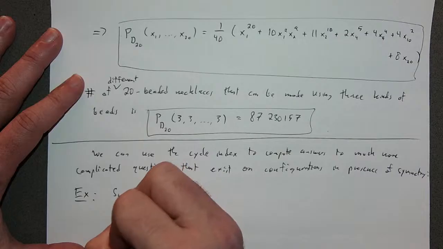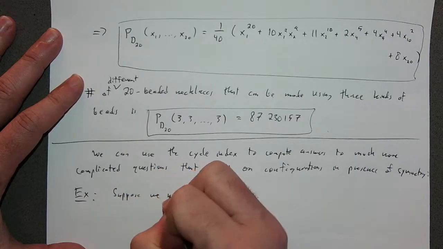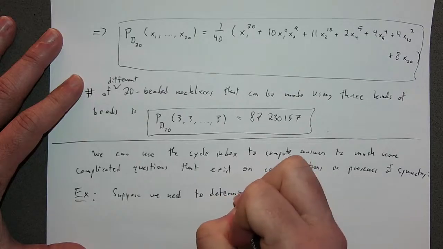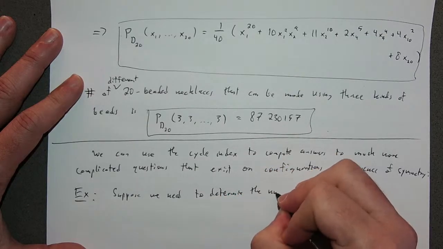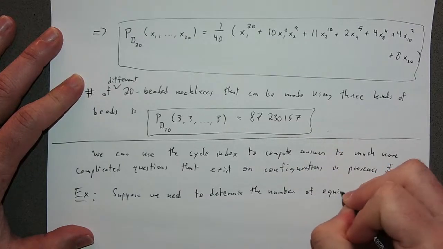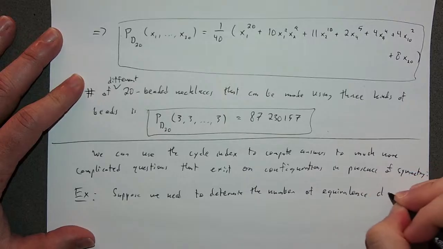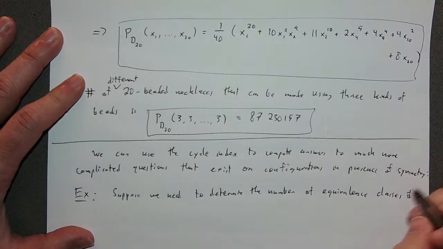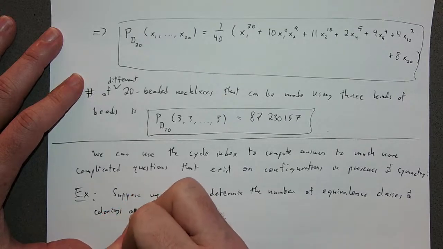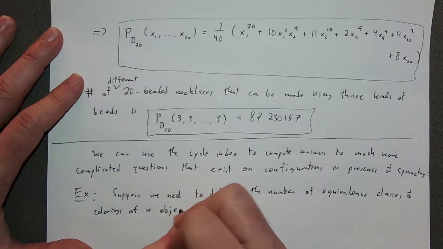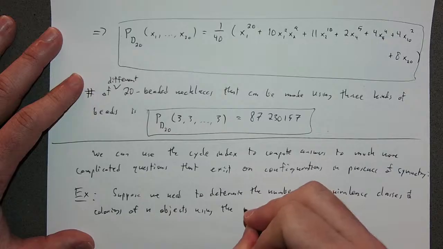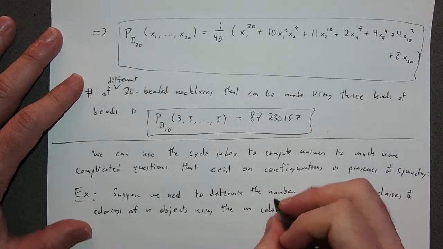So suppose we need to determine the number of equivalence classes of colorings of n objects using the m colors.